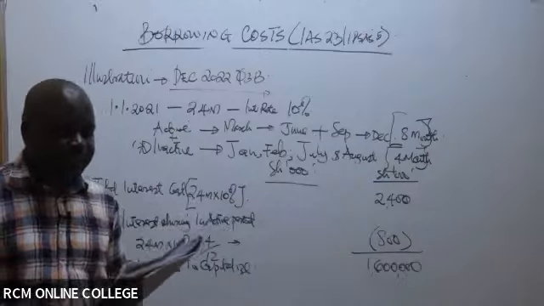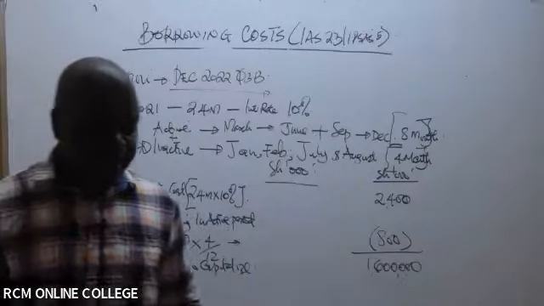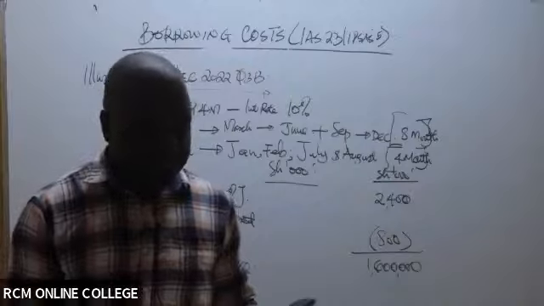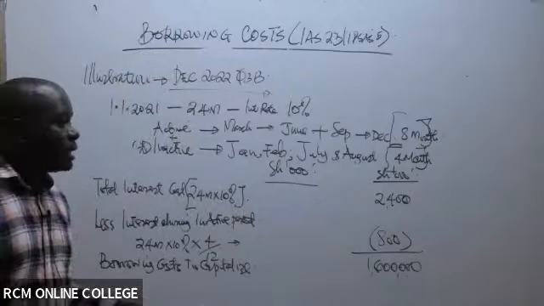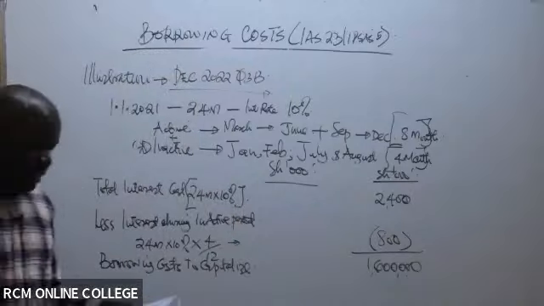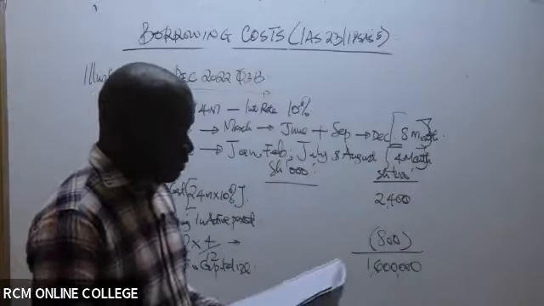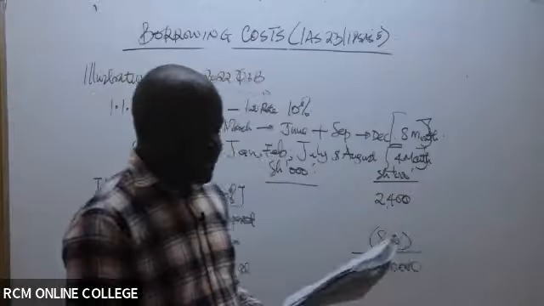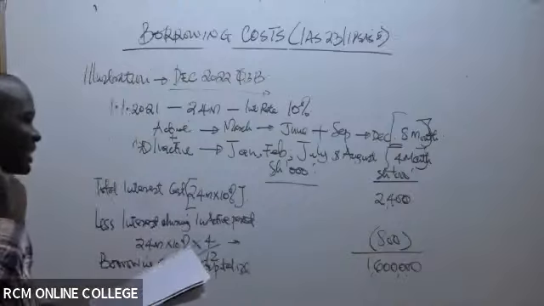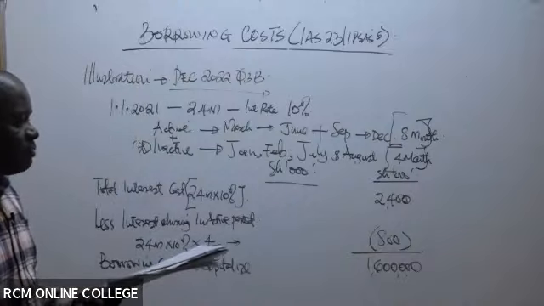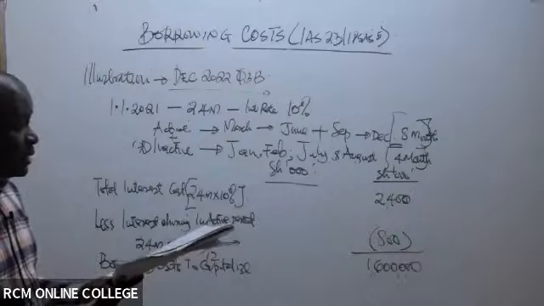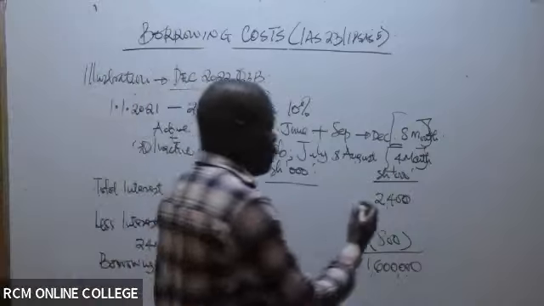So in this case, they ended up investing for how much? They invested for 5 months, so interest was earned for 5 months. But these interests are in two forms.